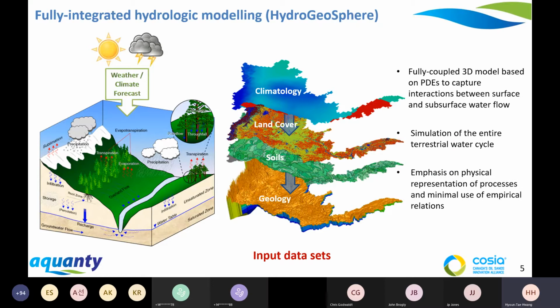Okay, let's get a little bit deeper into HydroGeoSphere. HydroGeoSphere is a fully coupled 3D model based on partial differential equations to capture interactions between surface and subsurface water flow. So on your left figure, you can see you can use various types of weather and climate forecast.